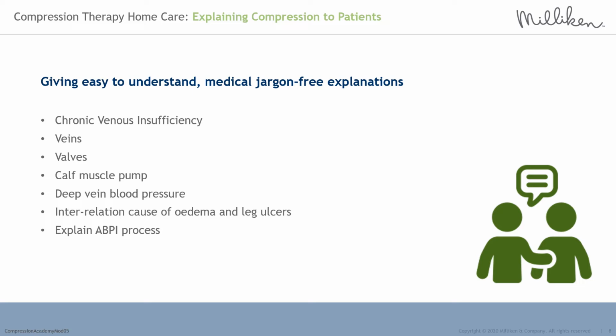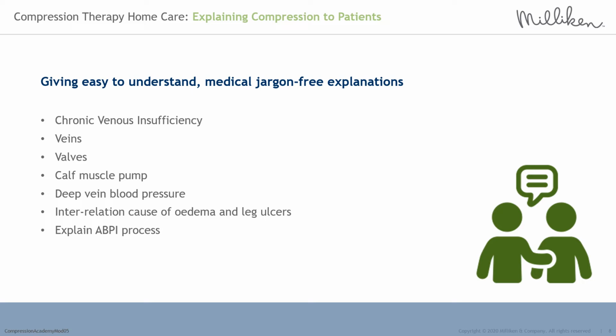One of the easiest ways to explain this is as being similar to a central heating, plumbing and pump system at home, then relating it back to their lower limb plumbing. The blood flow in their lower limb is supported through their veins, valves and calf muscle pump. So how can we explain these structures, their roles and what can go wrong simply to our patients?